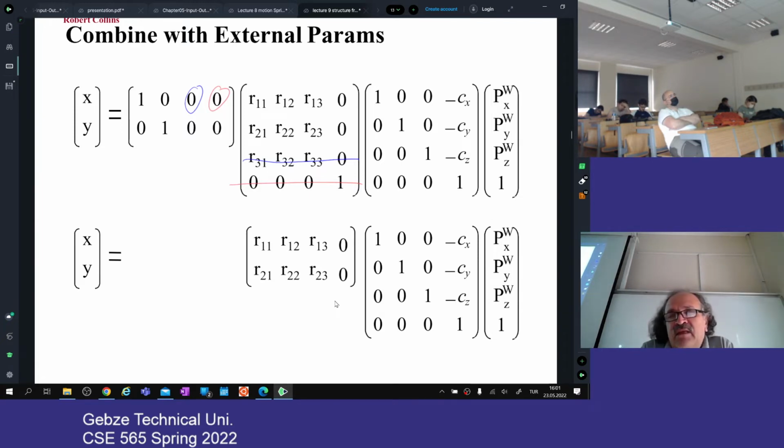You might say, well, how are you going to recover the third row of the rotation matrix? Well, remember what was the most important feature of rotation matrices? We have used this property many times. Rotation matrices are orthogonal.